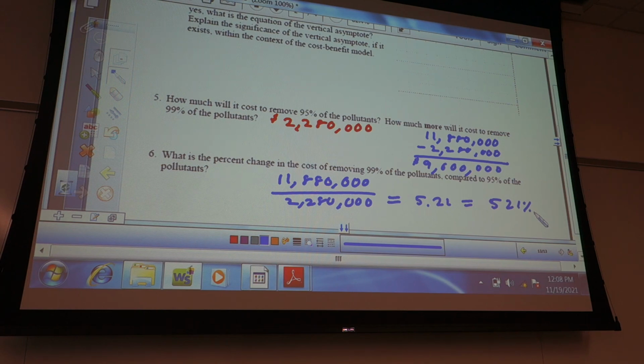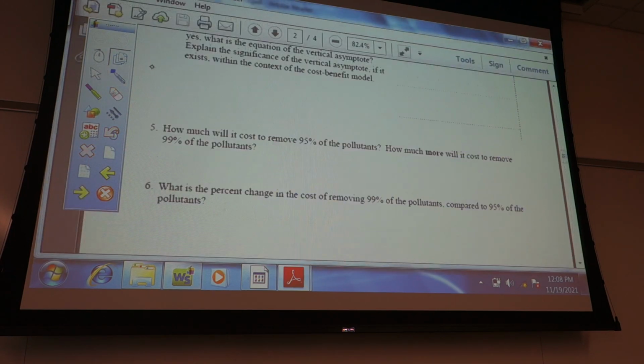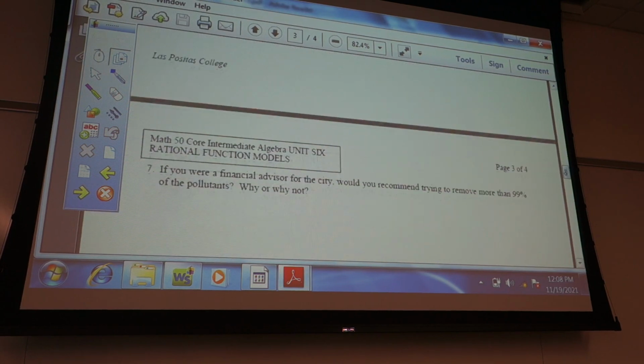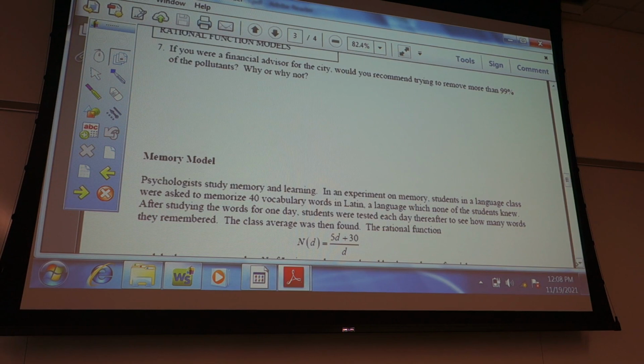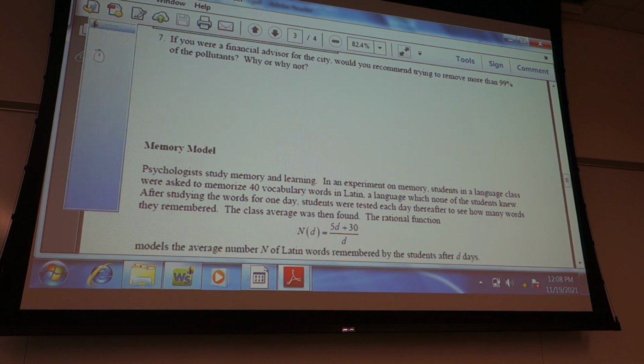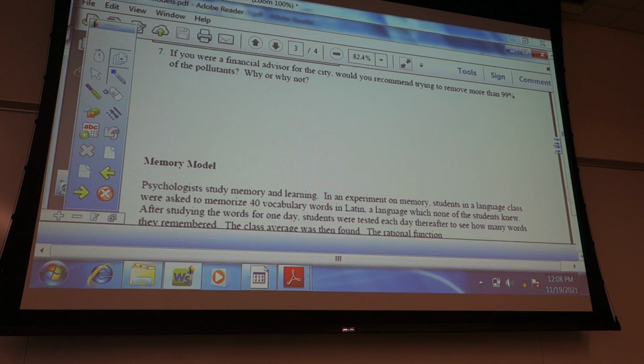So there's a question on the next page for you to answer. If you were the financial advisor for the city, would you recommend trying to remove more than 99% of the pollutants? Why or why not? Answers may vary.